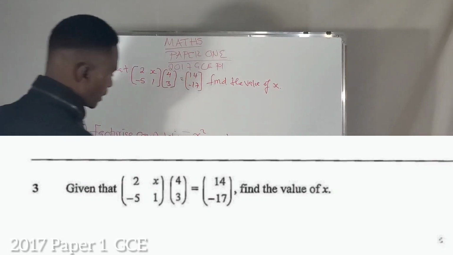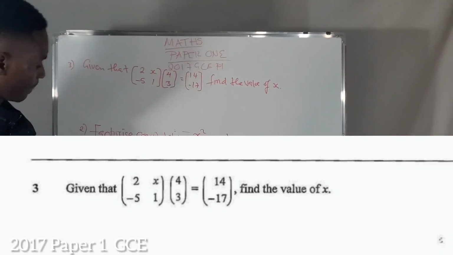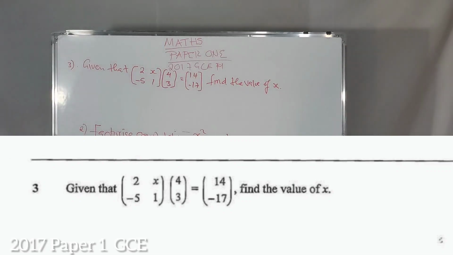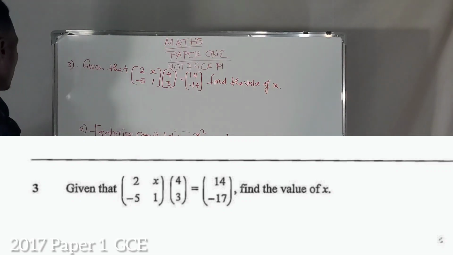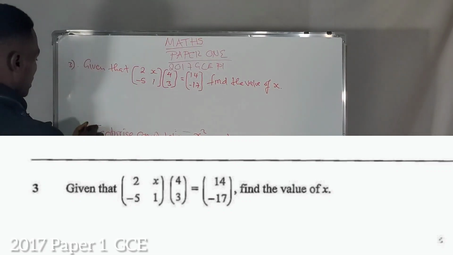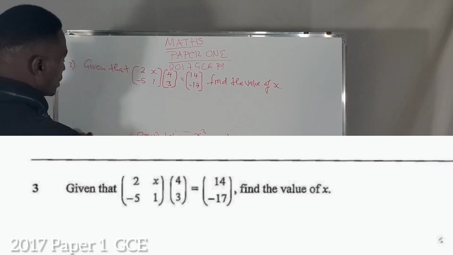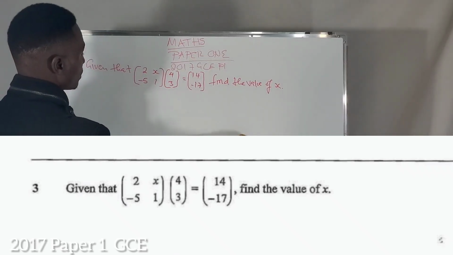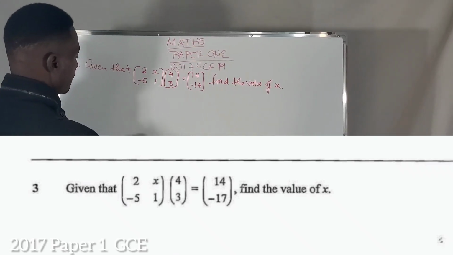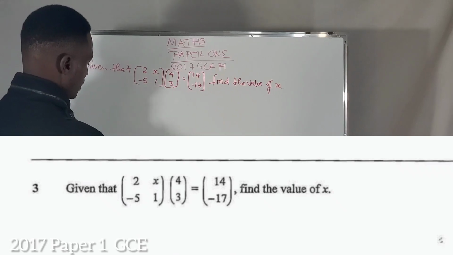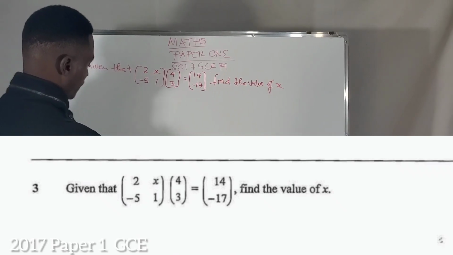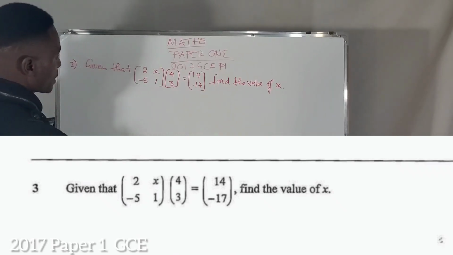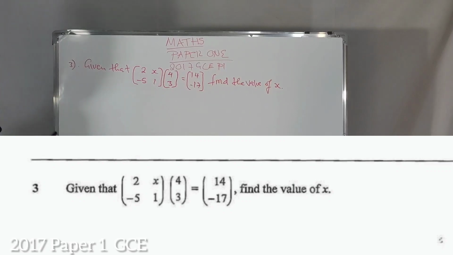This is also 2 marks. All right. If you are done copying the second question, I can erase to create more space for the solution of question 3. Okay, so question 3 is matrices.